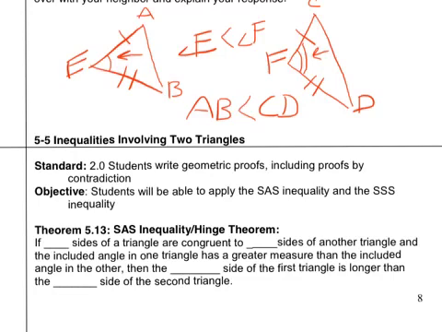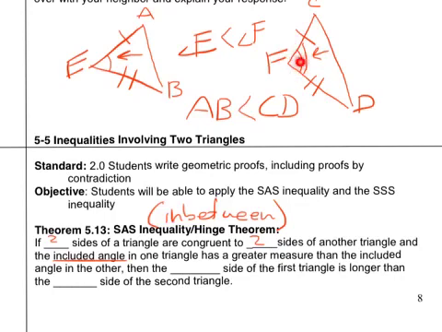Theorem 5-13, SAS inequality, the hinge theorem. It says that if two sides of a triangle are congruent to two sides of another triangle, that's what we had here. Here, this side and this side are congruent. And the included angle, that's just another way of saying the in-between angle, in one triangle has a greater measure than the included angle in the other.